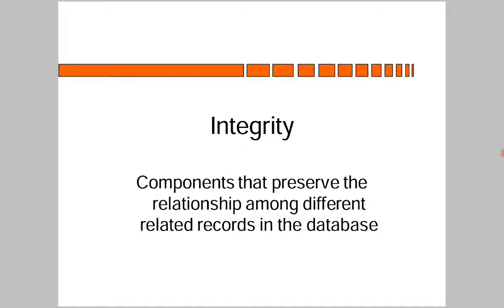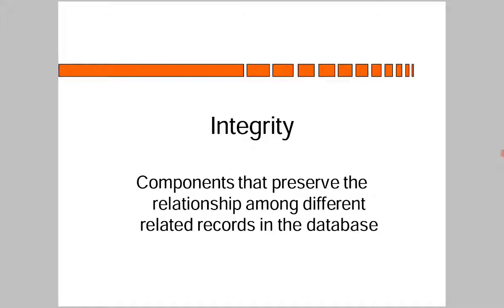Next, another important feature or functionality of DBMS is integrity. What is integrity? Components that preserve the relationship among different related records in the database. So another important functionality of any DBMS or database is to maintain proper integrity.